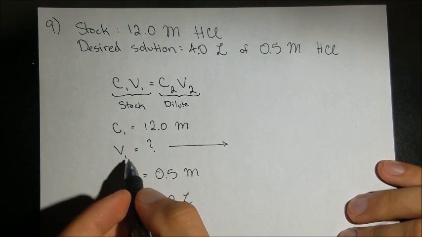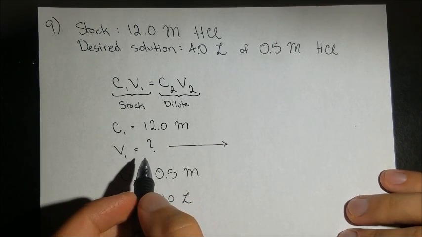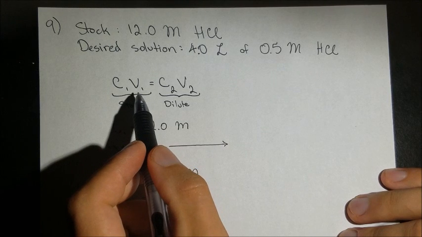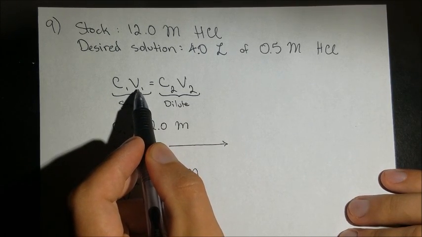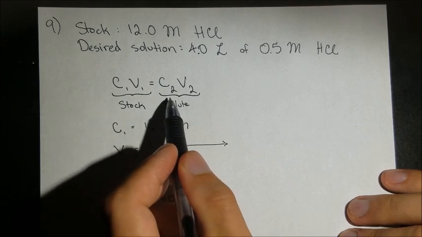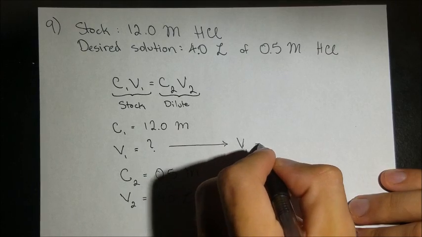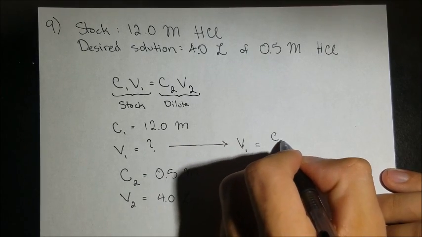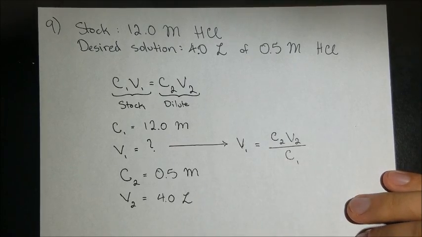So what we want to do is solve for the volume, and the way we're going to go about doing that is going back to this equation and algebraically solving for V1. We're going to do that by dividing both sides by C1. So V1 equals C2V2 over C1.